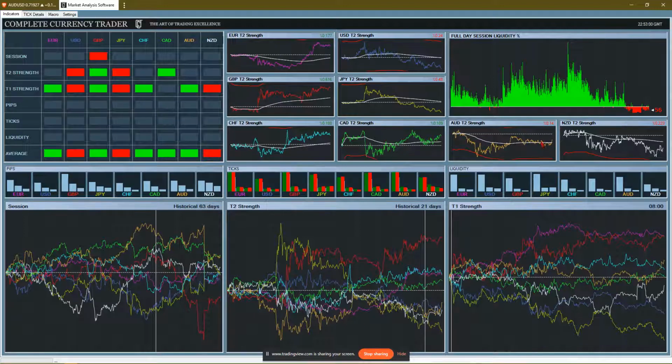I guess it would be that little section right here. So looking at this past 2.1 days, we've actually gotten some good strength into the Aussie dollar. If we look over here at the hourly chart, we can see that we have a very strong upward trend in the Aussie dollar also, and then we also have a very good trend in the New Zealand dollar.